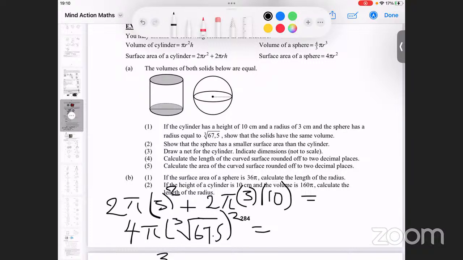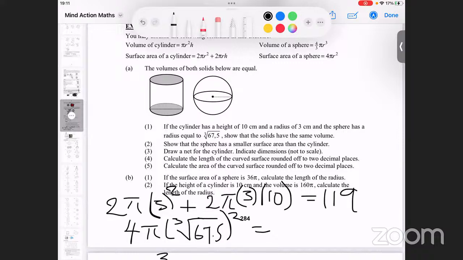How much are you getting? So 2 pi r squared, 2 pi into 3 squared, plus 2 pi into 3 times height. For the cylinder, I got 110 pi.